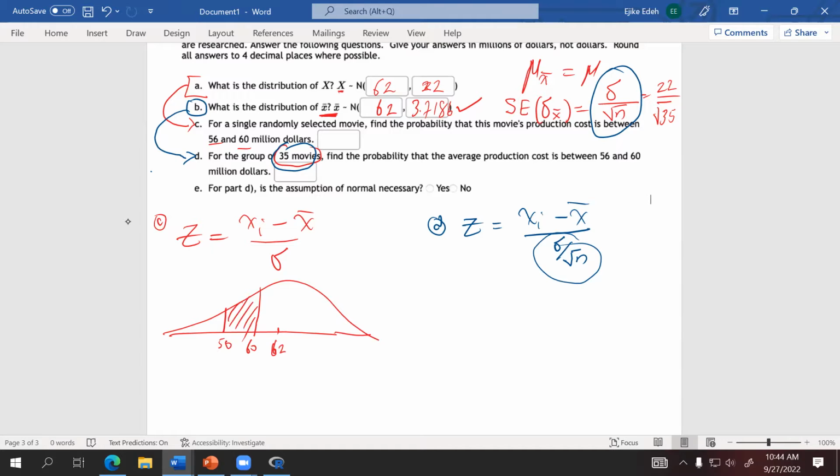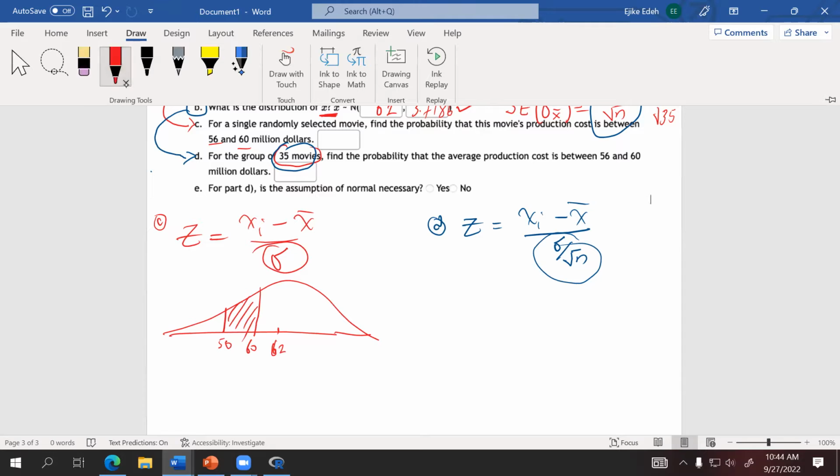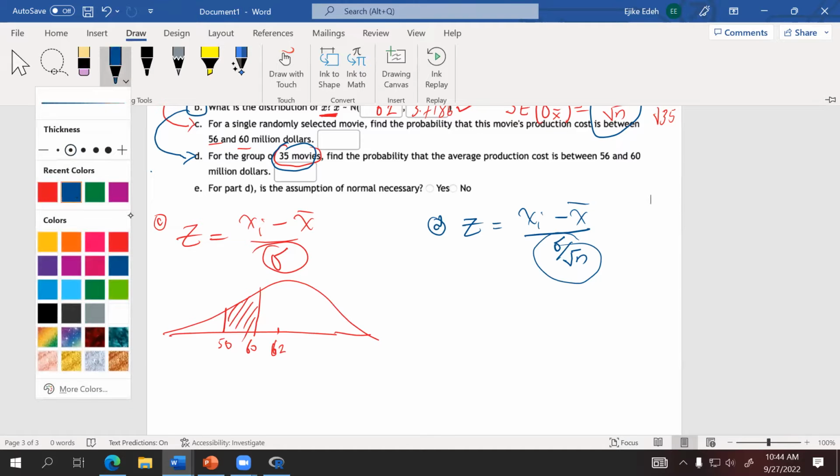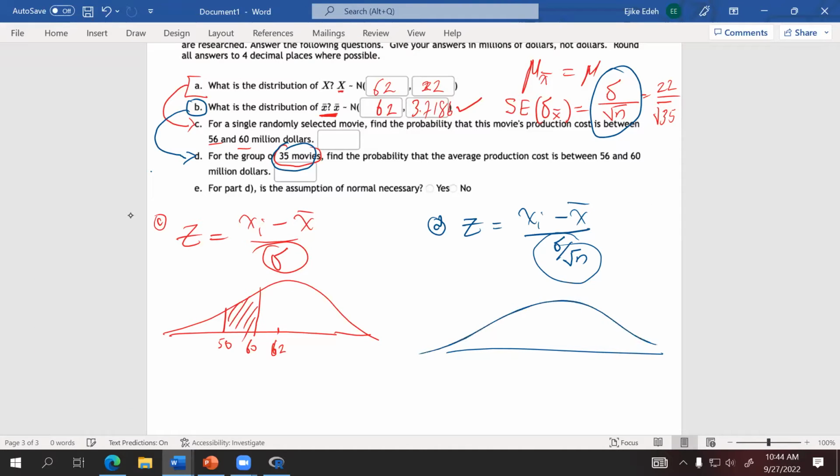So the Z value you'll be using, the standard deviation you'll be using will be this one. This one is saying the same thing. Again, the middle is 62, and you're looking for that area, 50 to 60. You're looking for this space here.